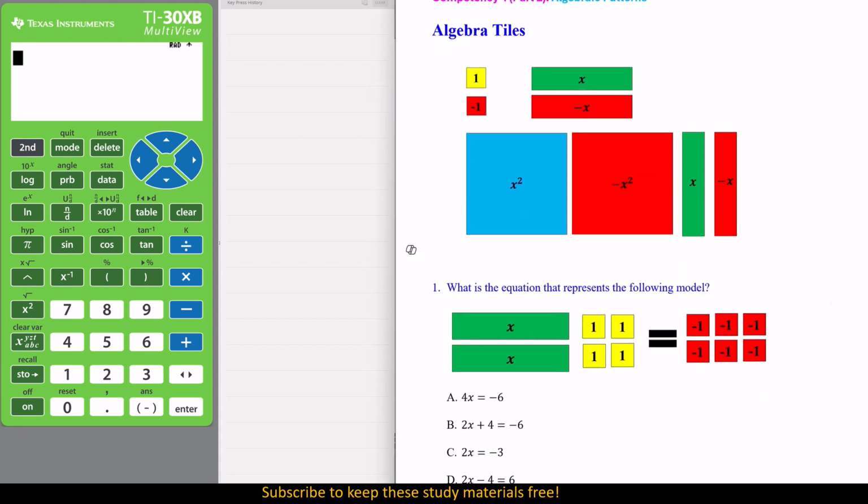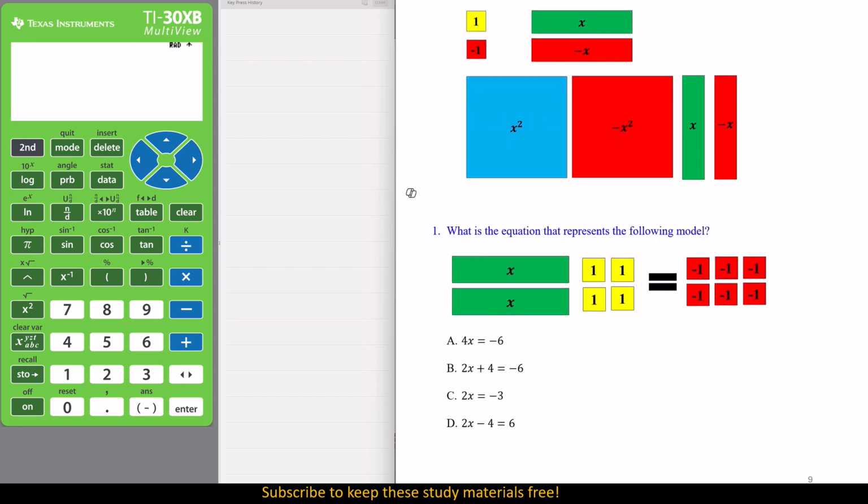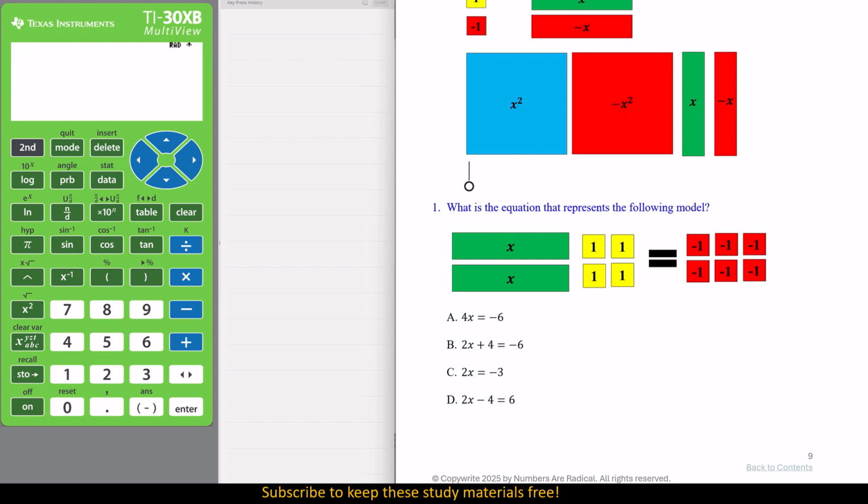Number one says, what is the equation that represents the following model? Well, make note that this green is x. It's a positive x, rather. And there are two of them. So we need to say that there are two x's.